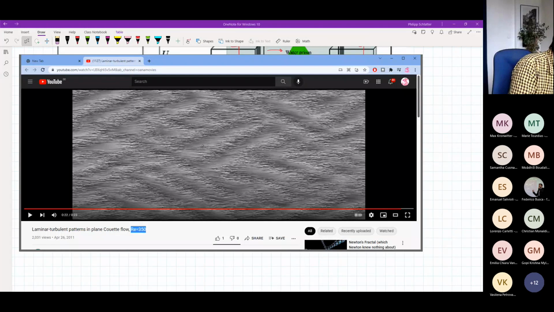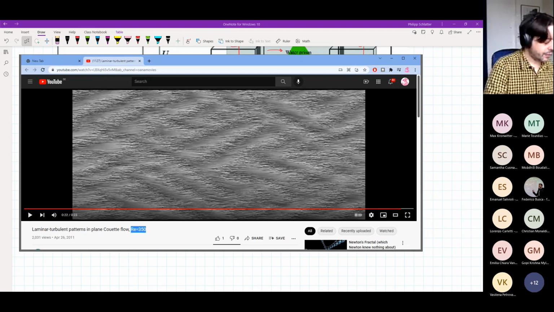So you have parts of the flow which are still turbulent, but then other parts which are laminar in between. And this coexistence of laminar and turbulent flow is very interesting from a dynamical systems point of view when you start to analyze these flows.